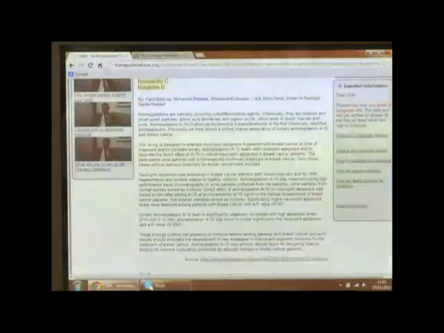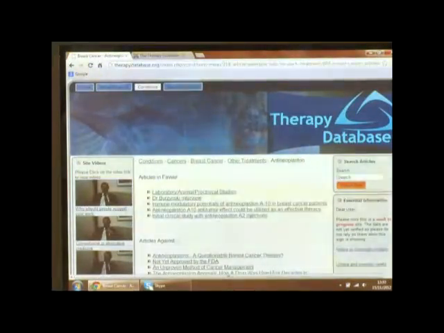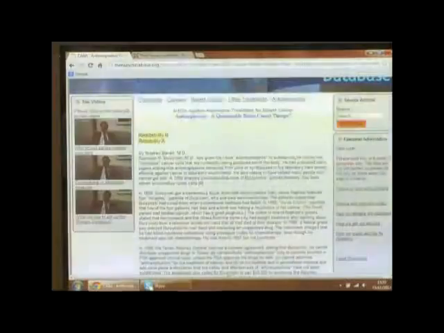Okay, then we can go back to the top, back to antineoplastins again, and we can find an article against, which is readability B, and reliability is given an A in this case. And again, this is where it comes from. So the same system applies to all treatments.